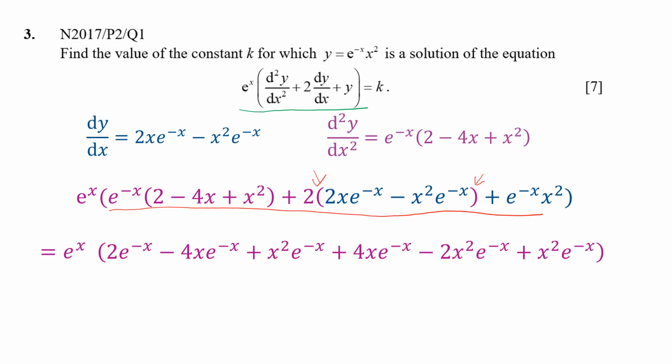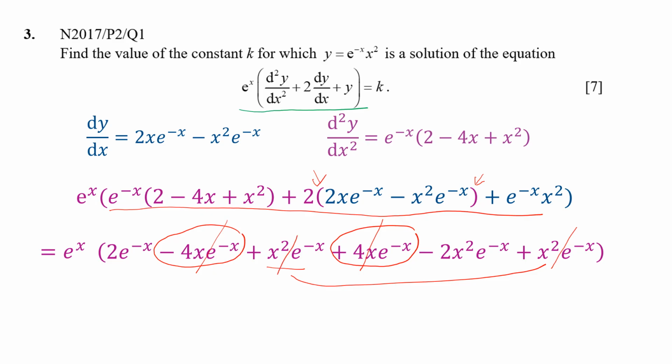You'll see that this and this will give you 0, so that will be gone. I have 1, and then you see this and this add up to give you 2x squared e to the power negative x, right? So this and this and this will be gone. So finally, you're only left with 2e to the power negative x times e to the power x.